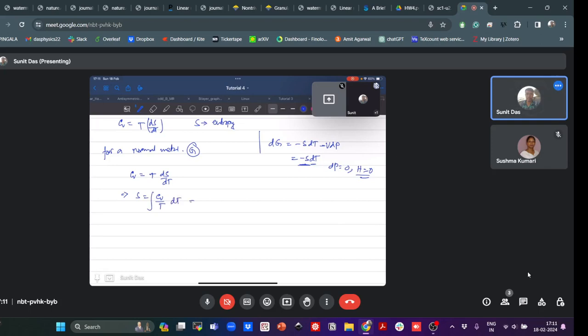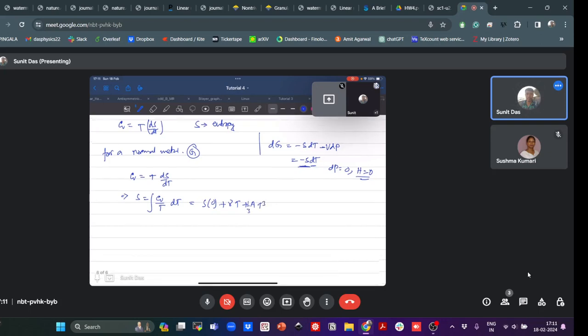So this will be some S0 plus gamma T plus again A times 1/3 T cube, right?